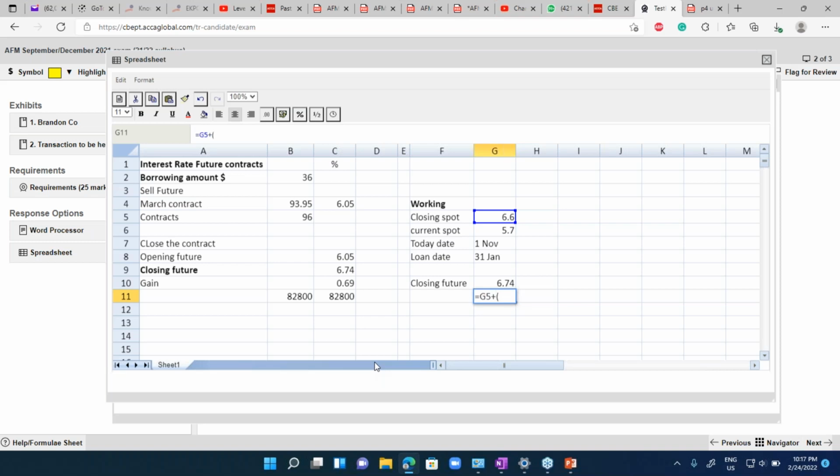Bracket start, opening future 6.05 minus current spot 5.7, bracket close, into how many remaining months? 2. What are the total months? 5. That gives 6.74.